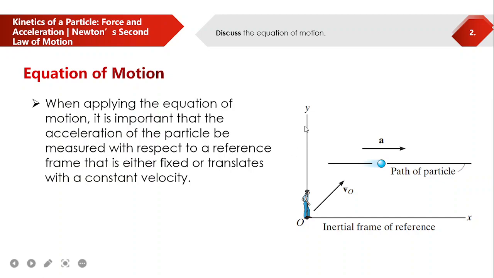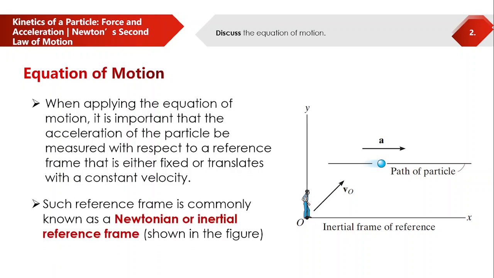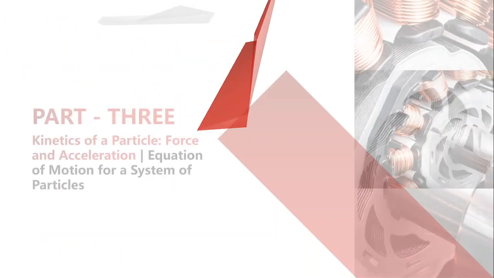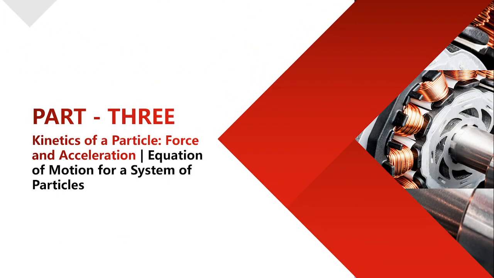Okay? Kumbaga, ang thought na dito is we need a reference frame or axis. Such a reference frame is commonly known as a Newtonian or inertial reference frame. Yan, kumbaga, yung inertial frame of reference. Okay? So, that's all for the equation of motion for a particle.